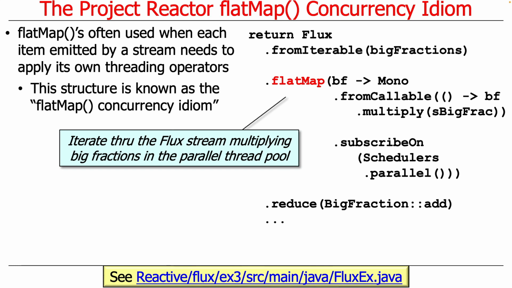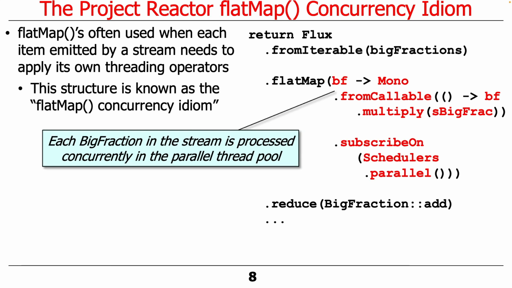What it's going to do is iterate through each of the elements in this flux stream of big fractions. For each of the elements, it's going to multiply the big fraction by some constant, and it's going to do that in a parallel thread pool. We're going to talk about the parallel thread pool shortly.